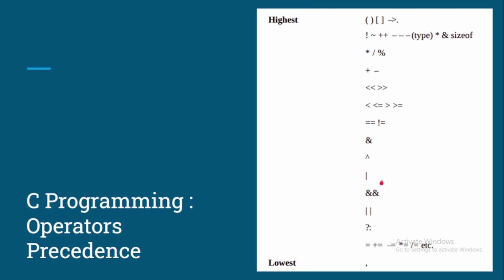After the logical operators we have the ternary operator; in the order of execution, the ternary operator comes after the logical operators. Then after the ternary operator we have the assignment operators: equal to, plus equal to, minus equal to, star equal to, slash equal to.